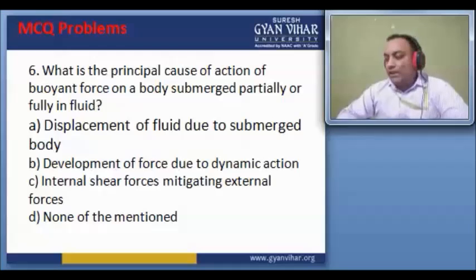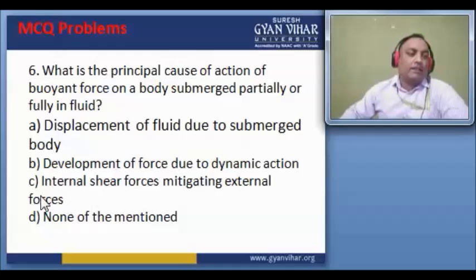The correct answer for this question is displacement of fluid due to the submerged body, right? The others are wrong answers. And then move to the next question.